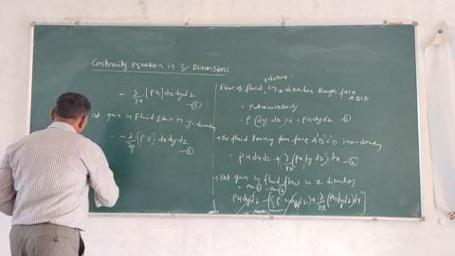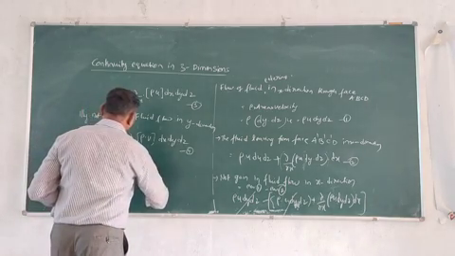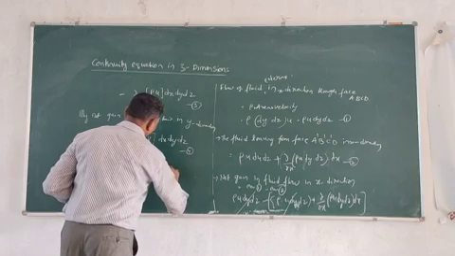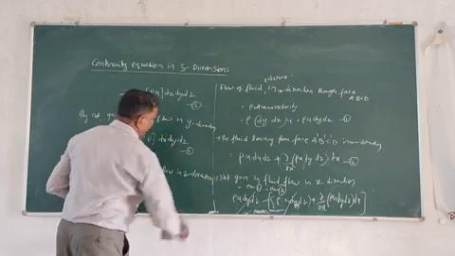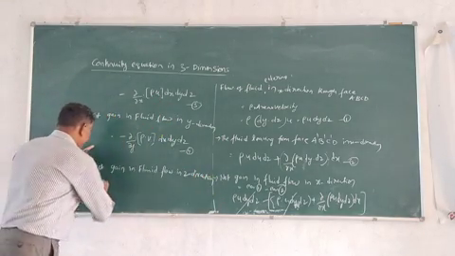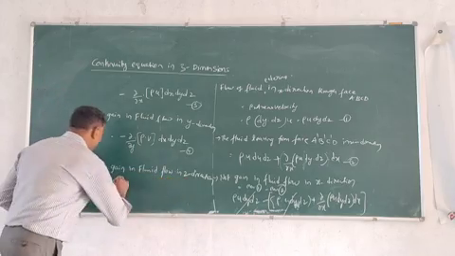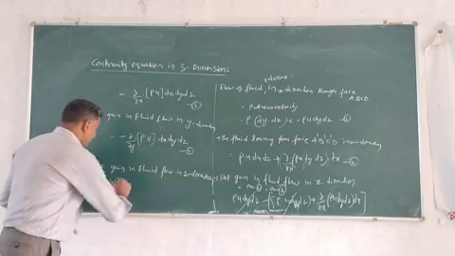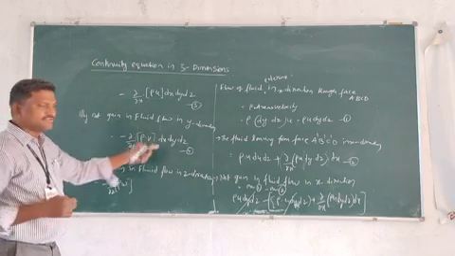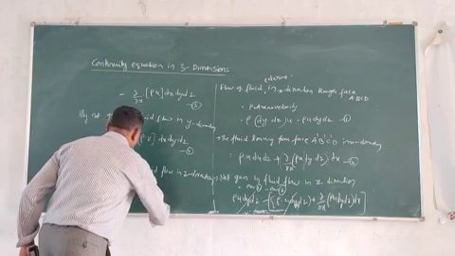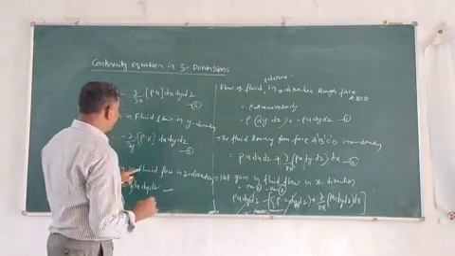Similarly, net gain in fluid flow in z direction is minus dou by dou z of density rho into w, the velocity component in z direction, into the volume of the fluid element dx dy dz. Assume this equation as 5.